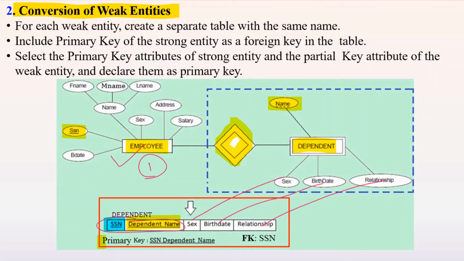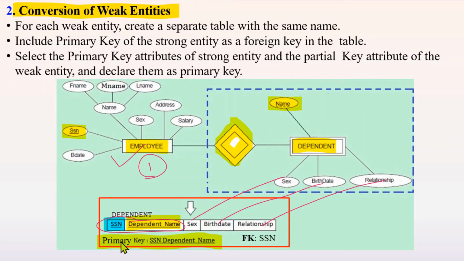Together they uniquely identify each and every row of the dependent or weak entity. So this is the rule to convert a weak entity: just take the primary key of the strong entity set into the table, to form the composite key with the partial key of the weak entity.